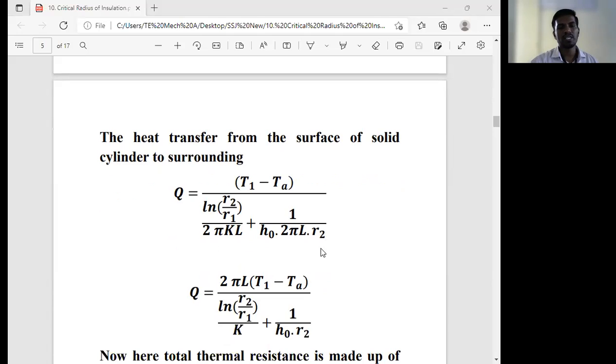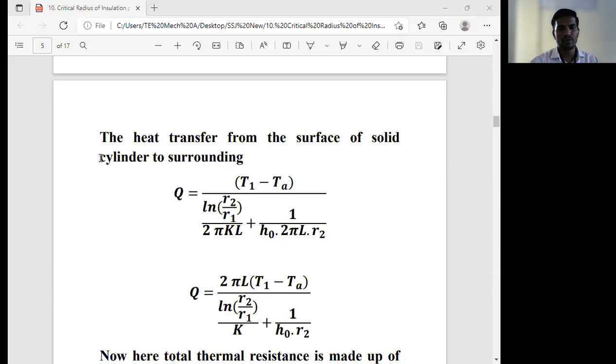From the denominator take the 2 pi L as common and take it to the numerator. So rewrite that equation. Q is equal to 2 pi L into bracket T1 minus TA divided by ln of R2 by R1 divided by K plus 1/HO into R2.